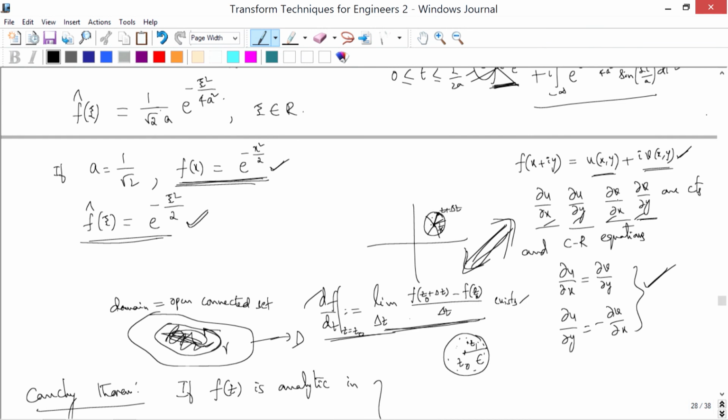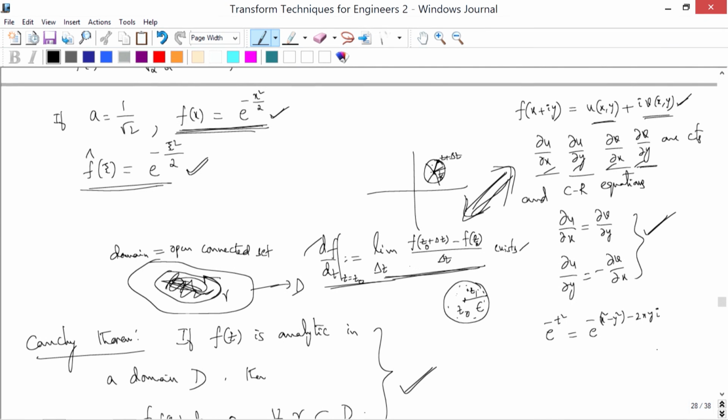You can just calculate e power minus z square, that is e power minus (x plus i y) whole square, which is x square minus y square plus 2xy i with a minus sign. So, this is e power minus x square minus y square times cos 2xy, plus i times e power minus x square minus y square sin 2xy. So, this is your u, and this is your v.